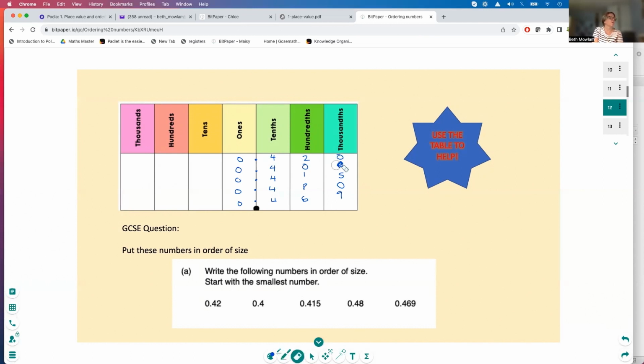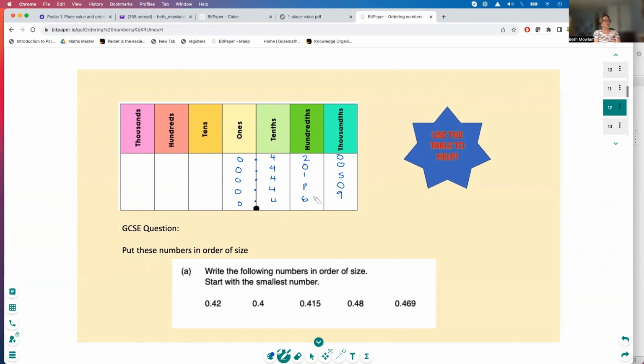So then we can look at the size of the numbers. Like we did last time, we start with the column at the beginning. Well, they're all zeros, so that doesn't help us decide which one's smallest. So we go to the next column. Well, they're all 4s, so again that doesn't help us decide.